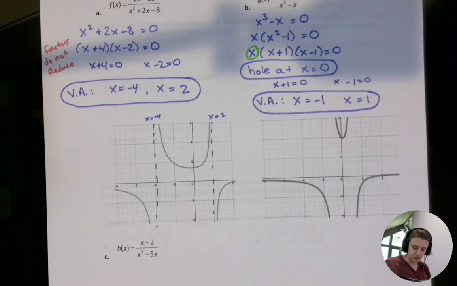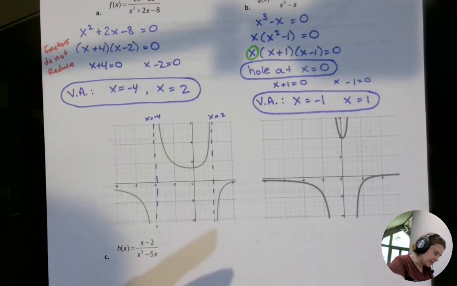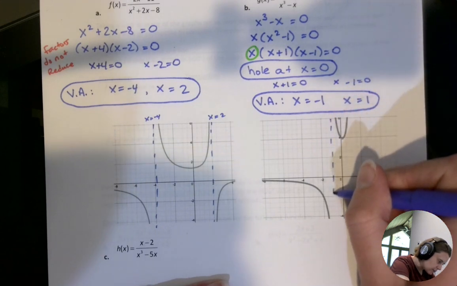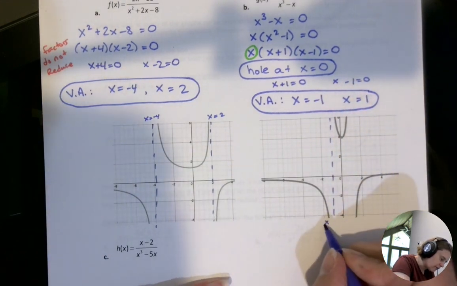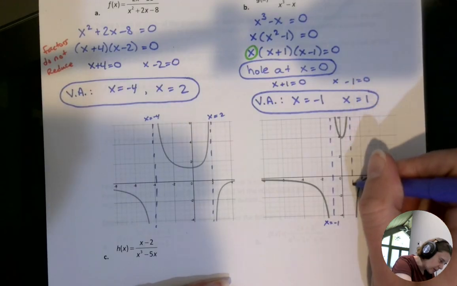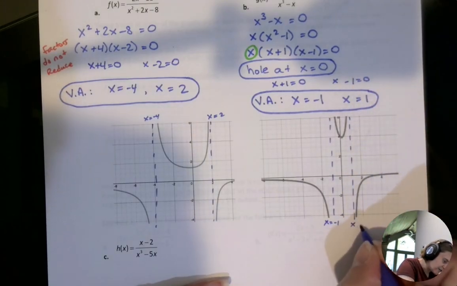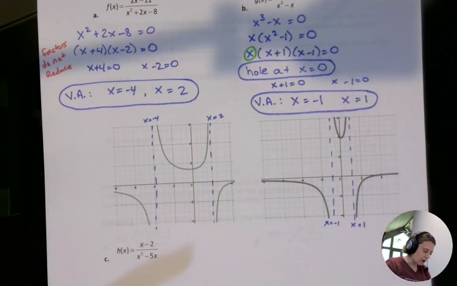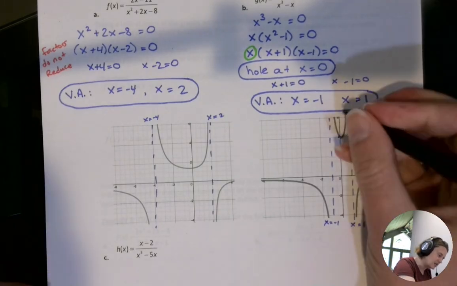This is a sketch of this graph right here. I can see that at negative 1, I do have one of my vertical asymptotes, and at positive 1, I do have the other of my vertical asymptotes. And it's very hard to see the hole. The hole's not going to show up unless I put it there because of the pixels.